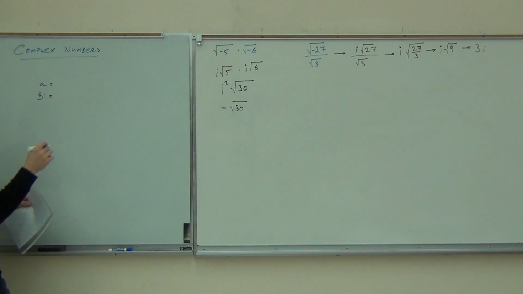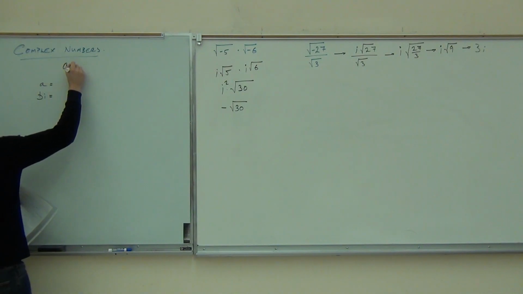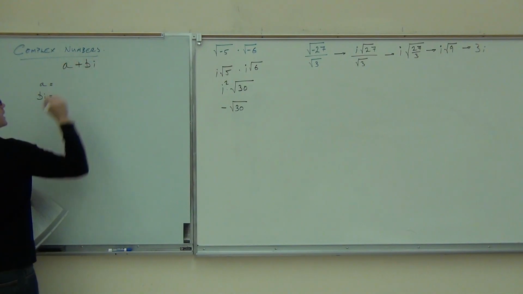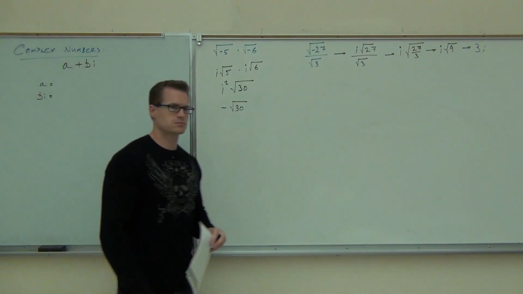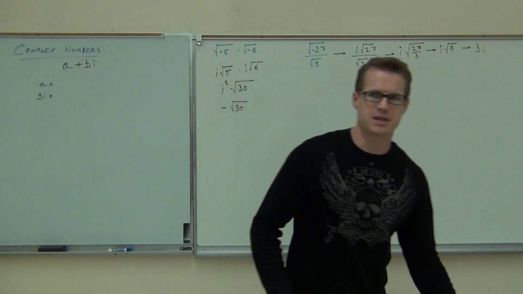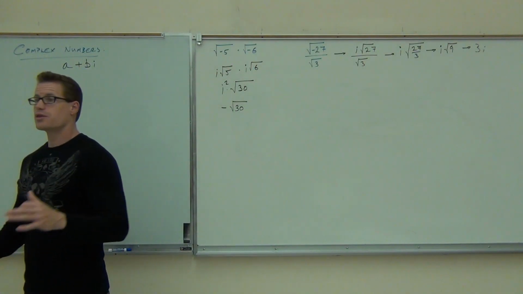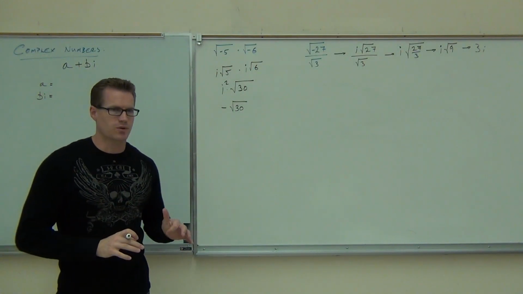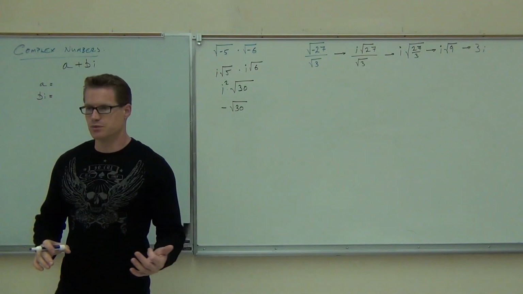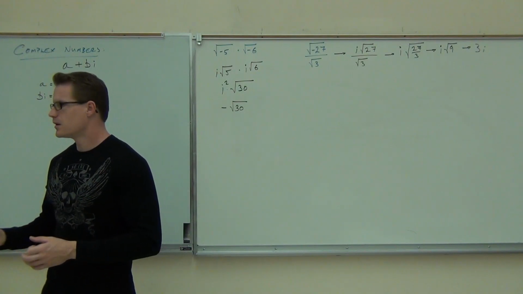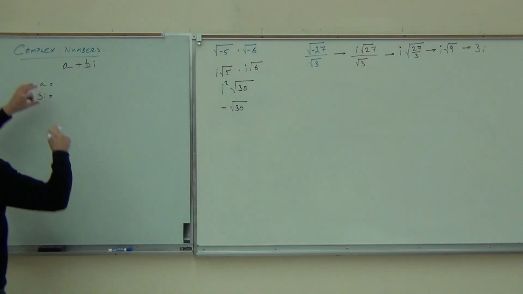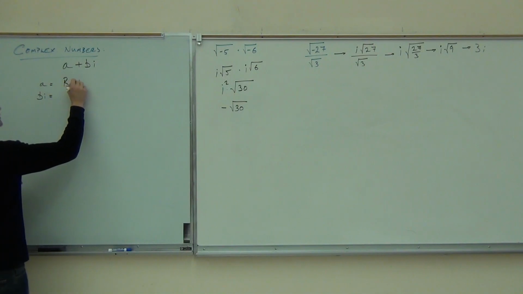A complex number is of this form: a plus bi. A is called the real part. It'll be a real number, like 3, negative 2, the square root of 5. Something without an i in it. So a is called our real part.